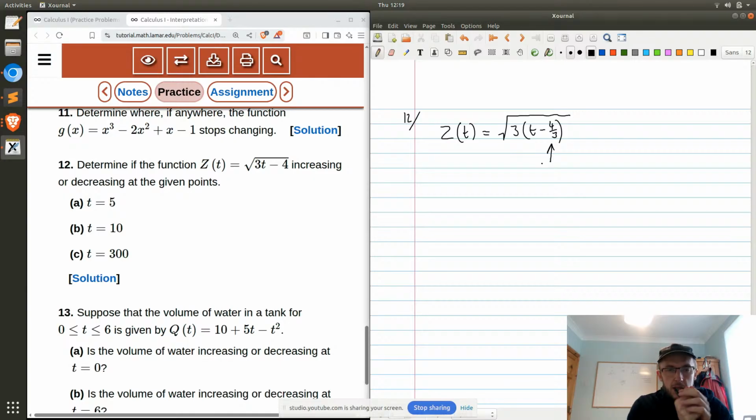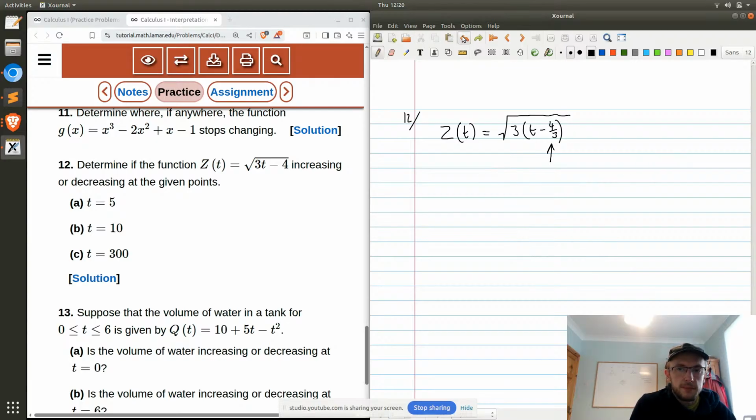So we know that the square root function looks like this, half of a parabola. And all I've done is stretched it horizontally and then translated it by that amount. So it's going to always be increasing, isn't it?